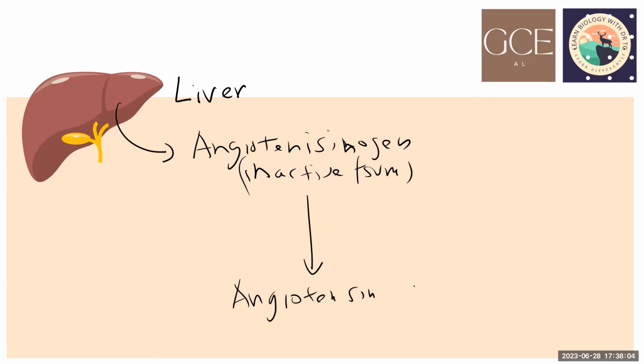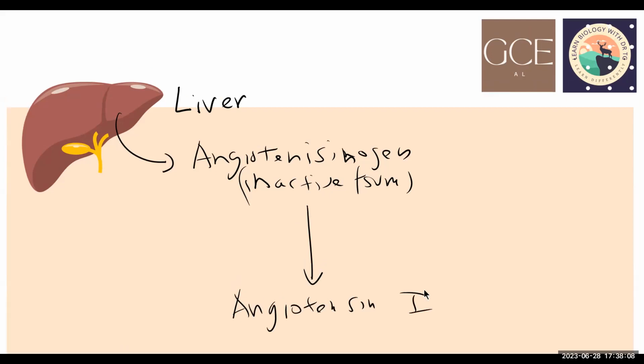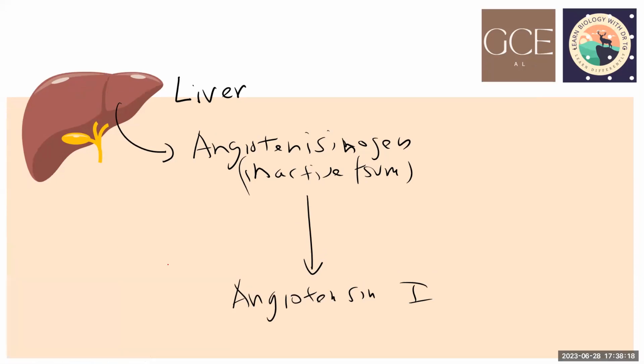Now this can be activated to this form, angiotensin 1. Angiotensin 1 is one of the intermediate forms. Now this conversion is done by the enzyme renin. And we see renin is coming from the kidney. So we have learned how renin is produced when there is a blood pressure drop.